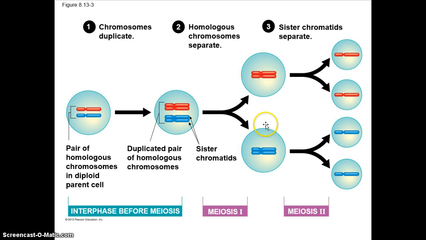So after meiosis 1, you have two copies of 1N chromosome, and then the chromatids separate, and you end up with four cells that have one copy of the N number of chromosomes. And that is meiosis, as short and sweet as I can make it.